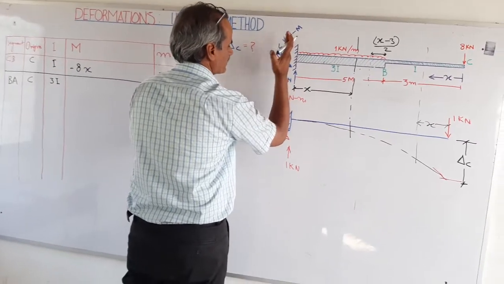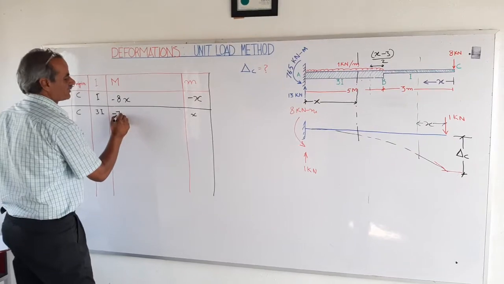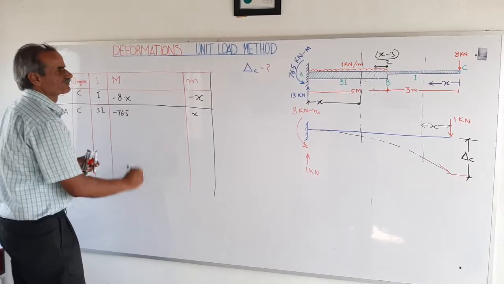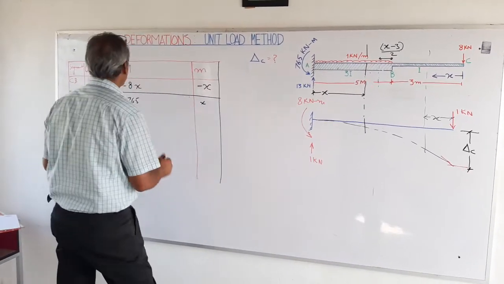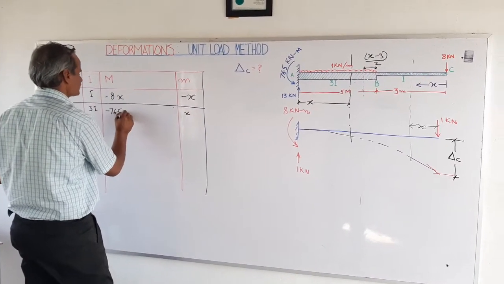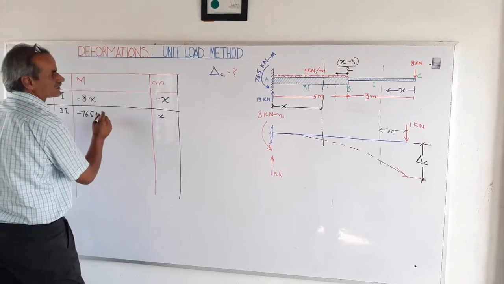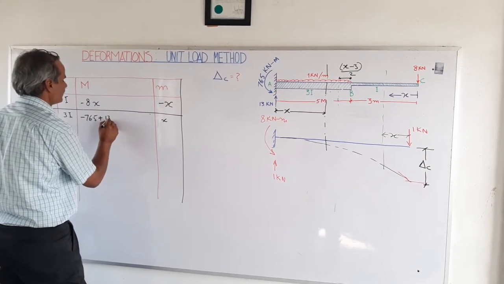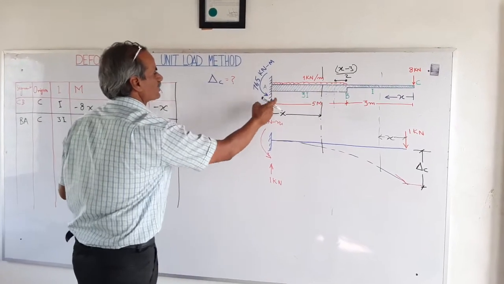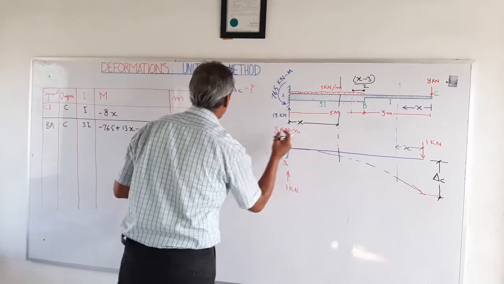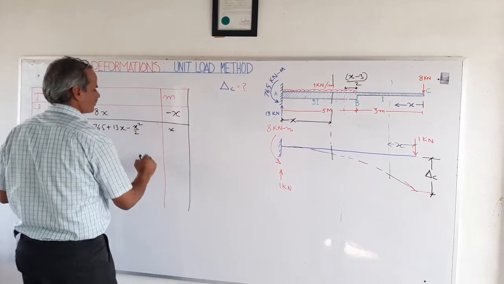One is this moment, that is minus 76.5, which will remain the same in the whole of the section. Then it is plus, it is sagging, that is 13 into x, and then 1 kilonewton acting at the x, and again at the half of this it will be x squared by 2.